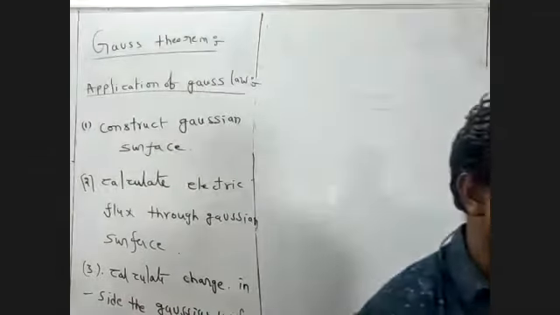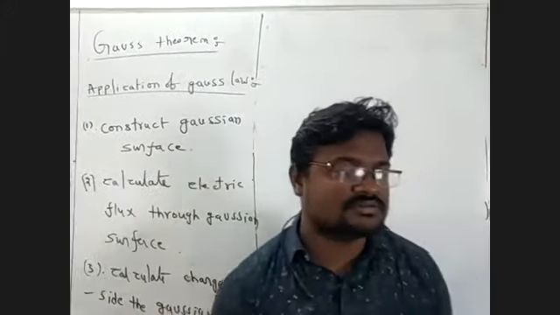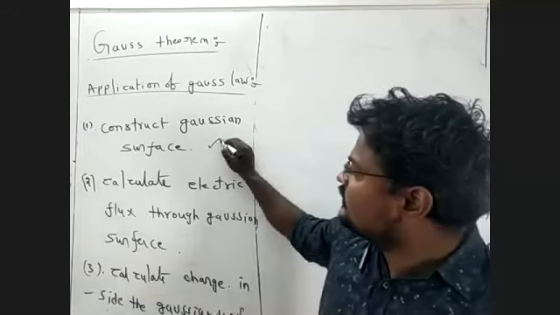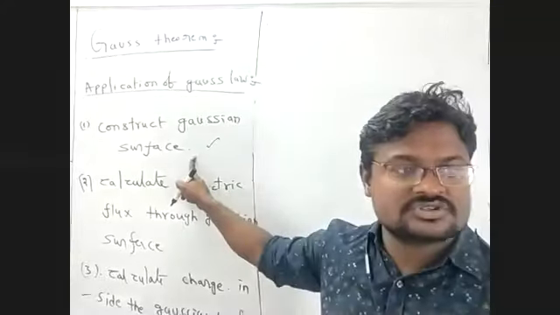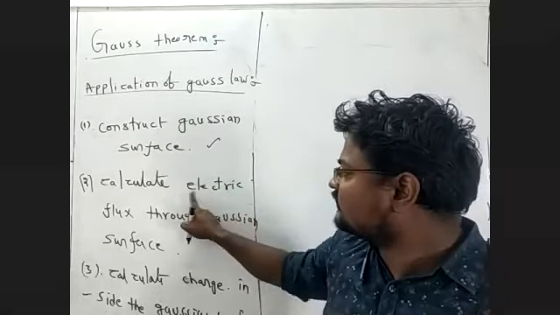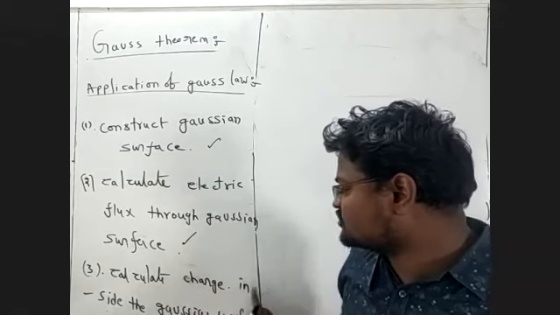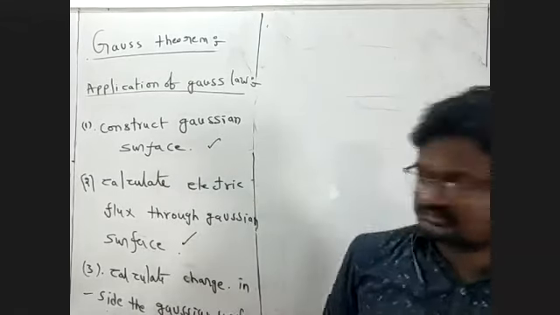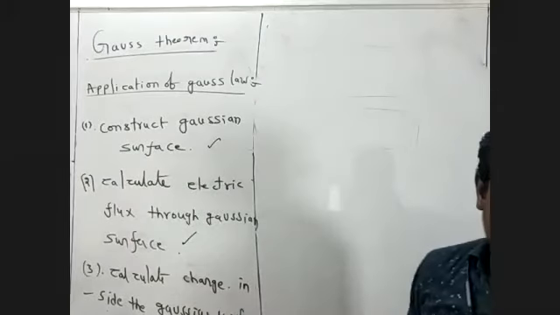So what is the point? The first one is construct the Gaussian surface. Calculate the electric flux through the Gaussian surface. Calculate the charge inside the Gaussian surface. These points are very important.